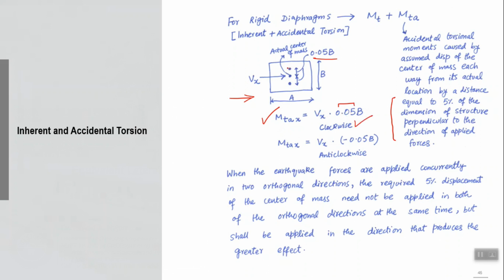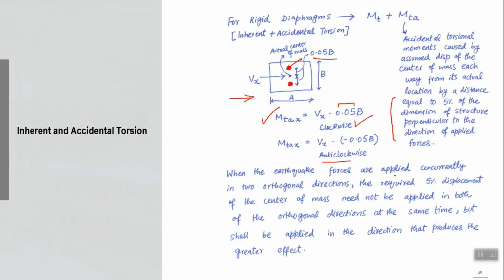Clockwise means you are considering that your center of mass is this top point, right? And the second case, when you are considering this point 5% in the negative direction, in this case it will be a counterclockwise accidental torsional moment. So 5% eccentricity is the minimum you should always consider in order to account for accidental torsional effects.